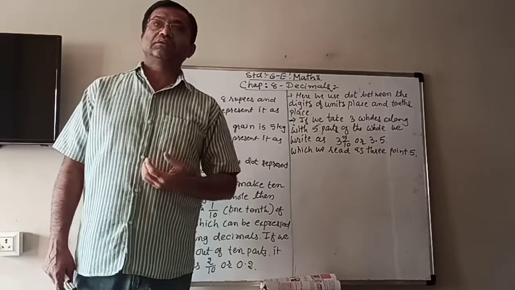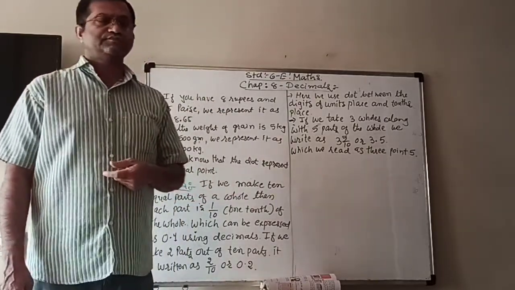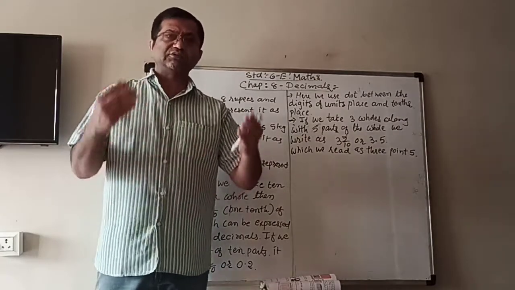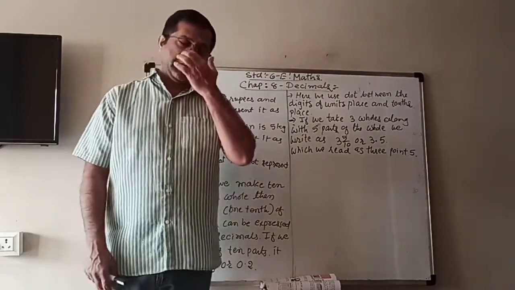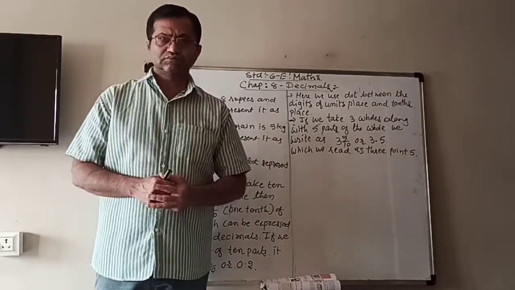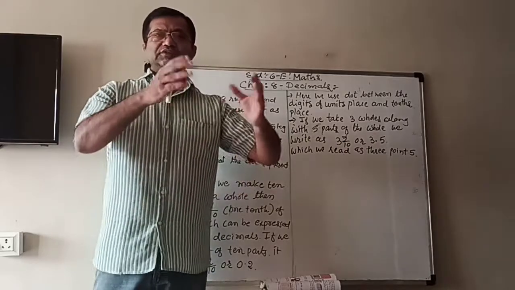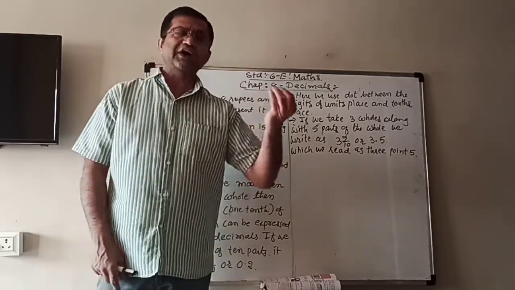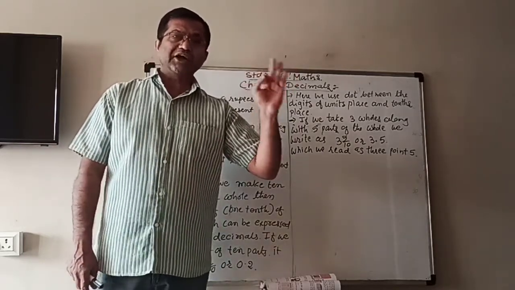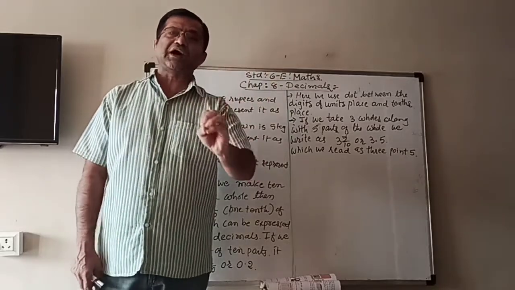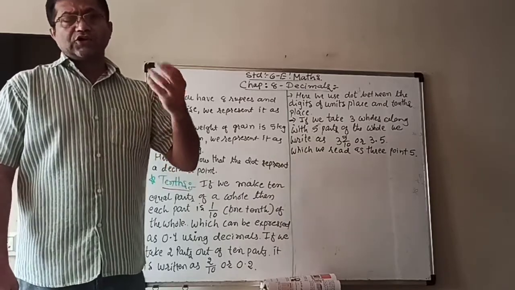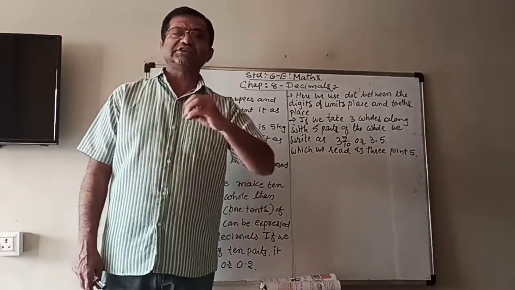Similarly, when you buy some groceries, you don't buy in whole kilograms, like 1 kilogram, 2 kilogram, 5 kilogram. In this situation, there is gram and kilogram. So that time also, if the weight of something is 5 kilogram and 500 gram, then we write it as 5.500 or 5.5 kilogram. Your height also is written in the same way.